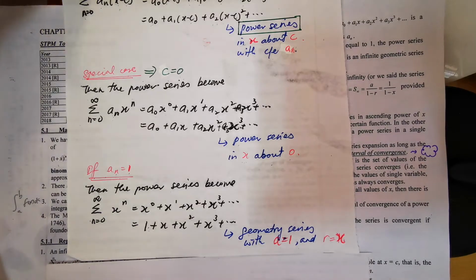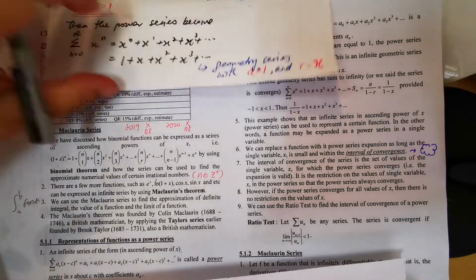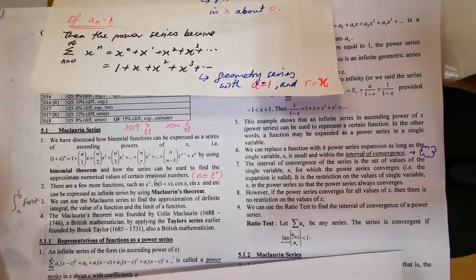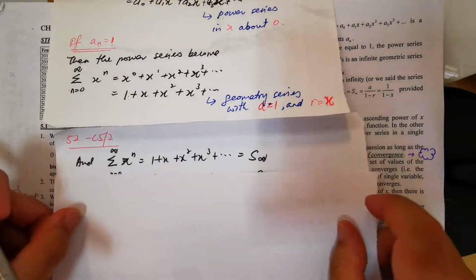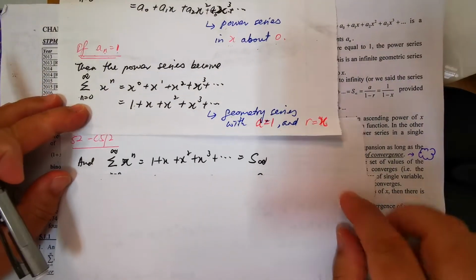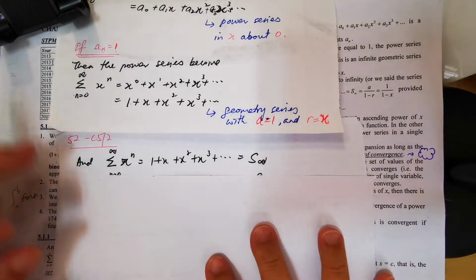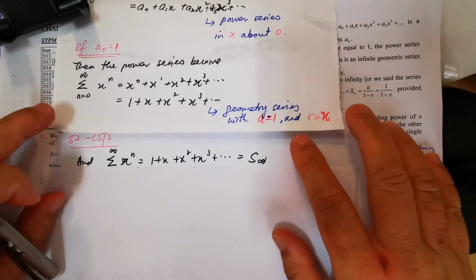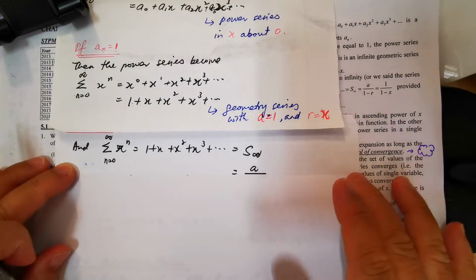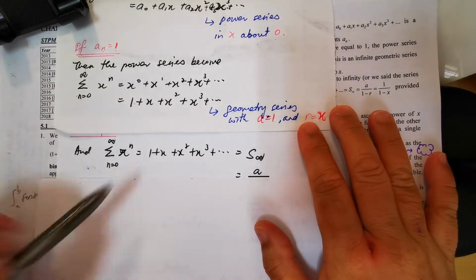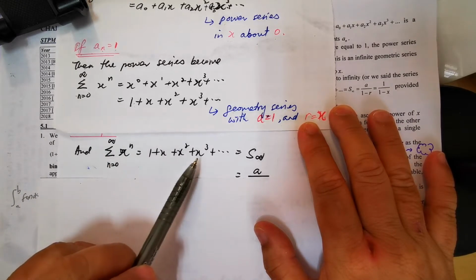And since it is a geometric series, remember the formula for geometric series? Yeah, this one. Okay, therefore you see that this power series is equal to 1 plus x plus x squared and so on.